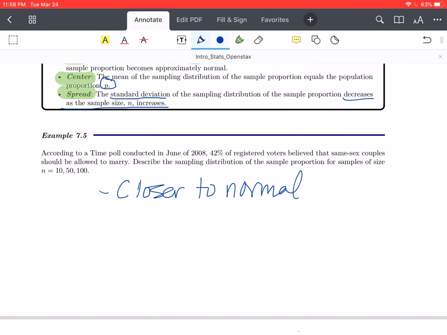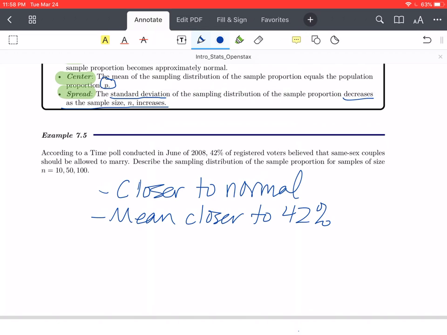I would say 10 people is probably too small. 50 is a little bit better, 100 is when you start to get better results, especially because you're trying to get a clear picture of all registered voters. So even any of these sample sizes are fairly small. But the larger the size, the closer to normal we get. The mean is getting closer to 42%.